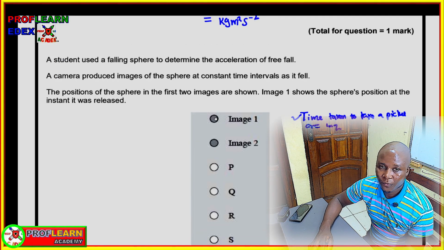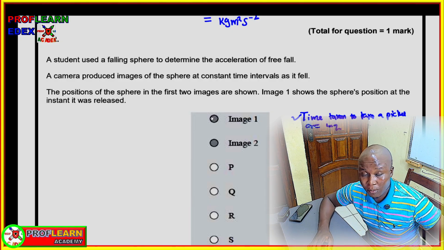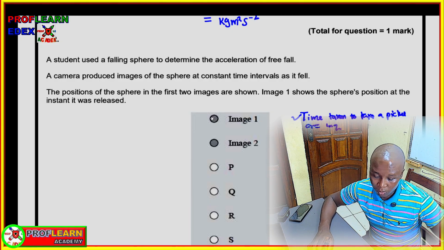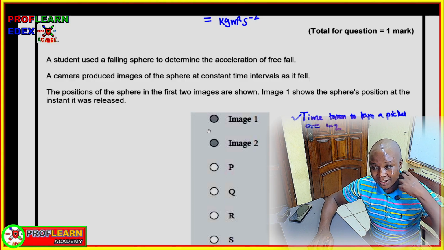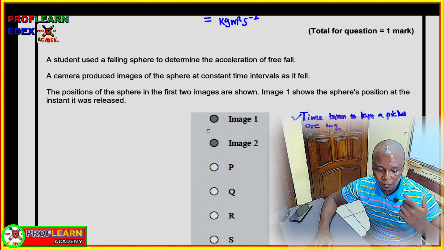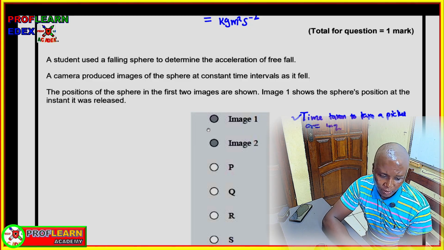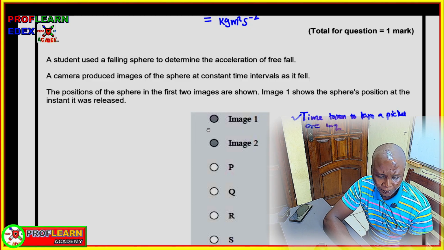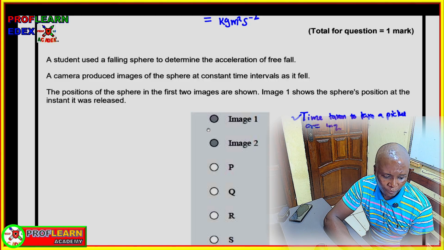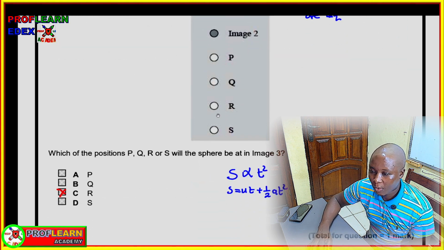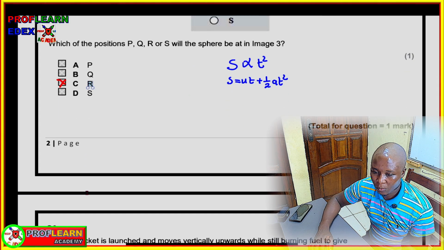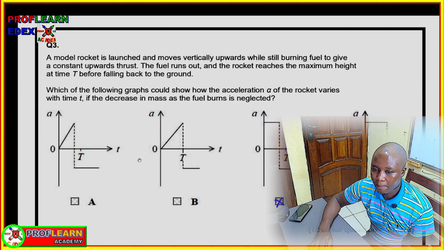When it starts to fall, the initial velocity is 0. So if it falls 1 unit in 1 unit of time, it will fall 4 units in 2 units of time, and so our distance here is going to be r, C.